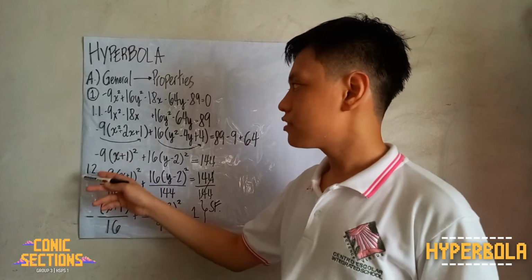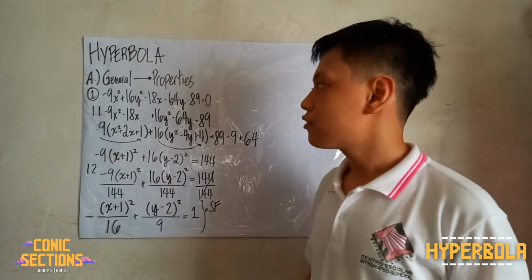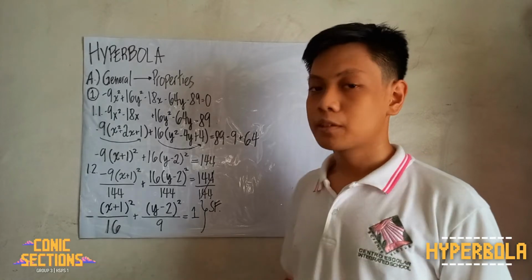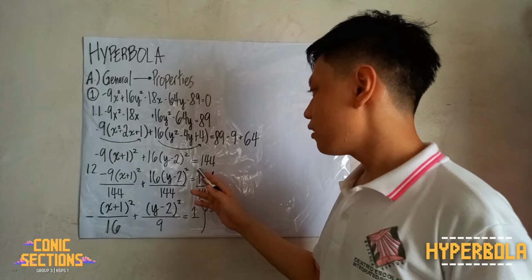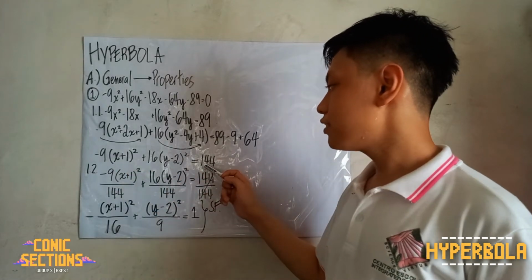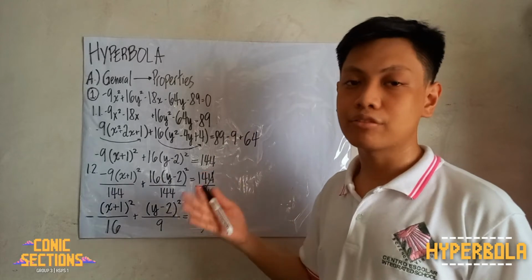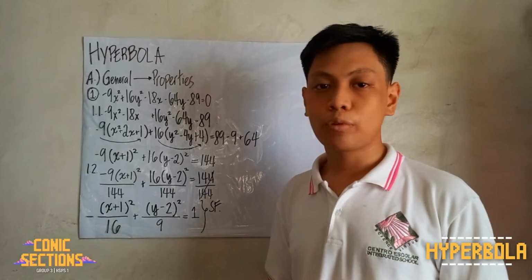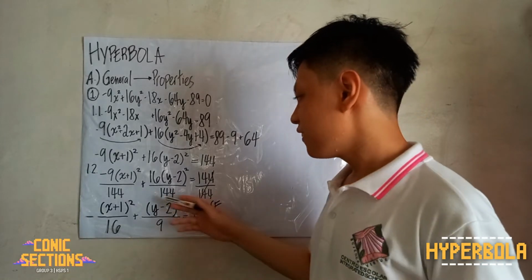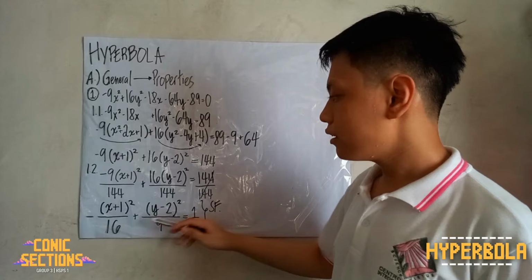Now, the second substep for finding the standard equation is we'll divide both sides by 144 so that we will be left with 1 on this side, because remember the standard equation of the hyperbola. So after dividing, obviously this will become 1.